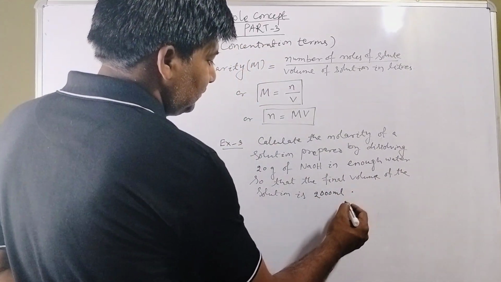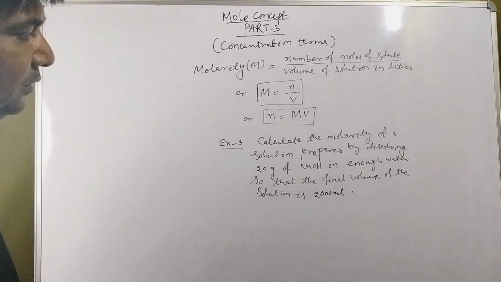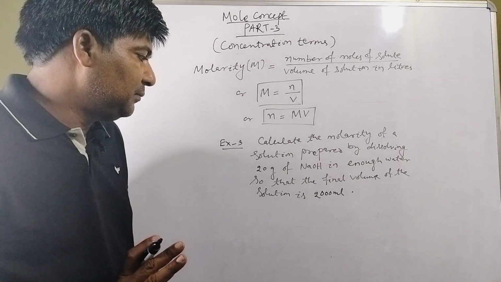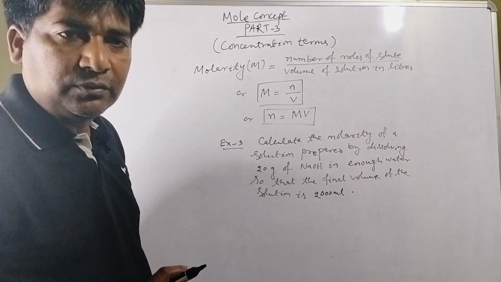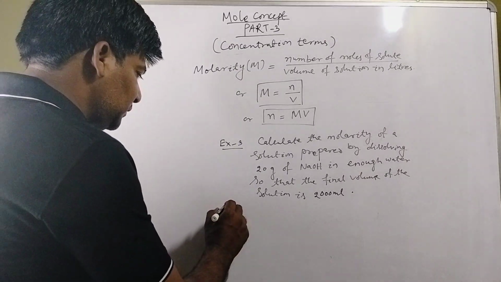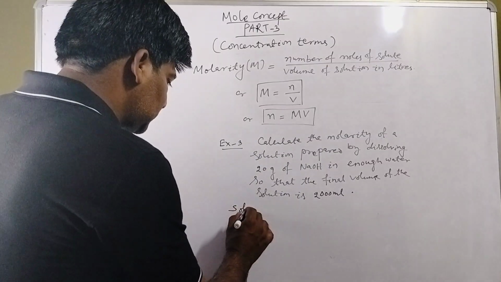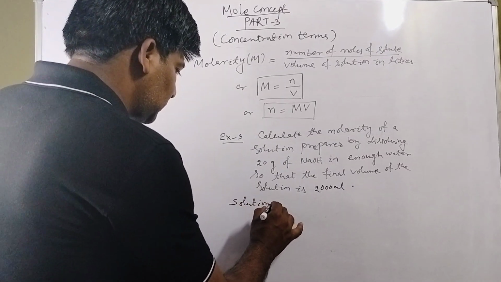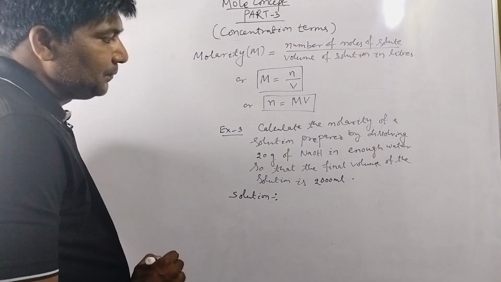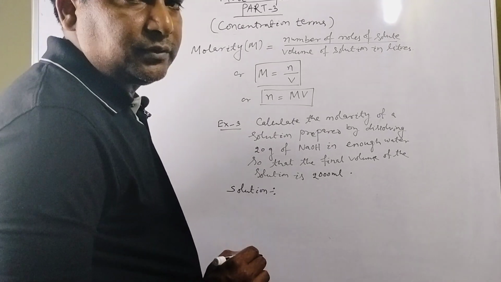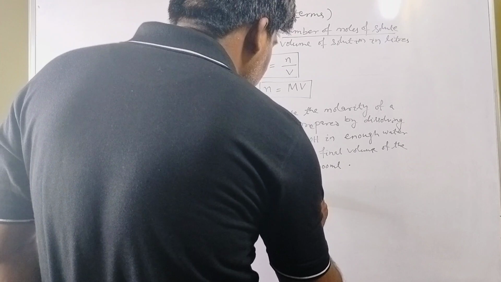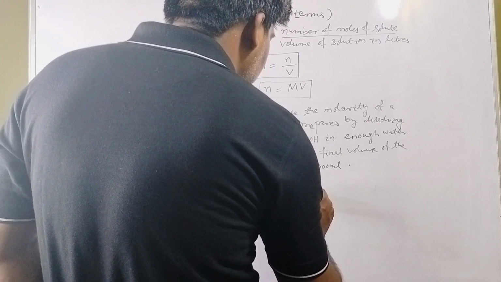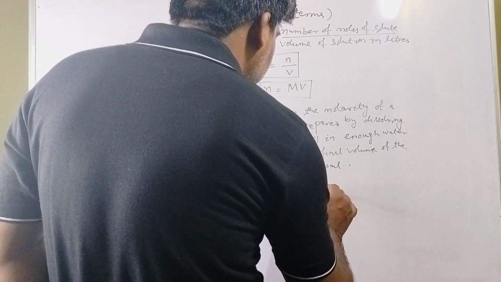Okay. So here volume of the solution is known in milliliters and mass of solute is known. So first we have to calculate the number of moles of solute. So here number of moles of solute N2 is equal to W2 by M2.